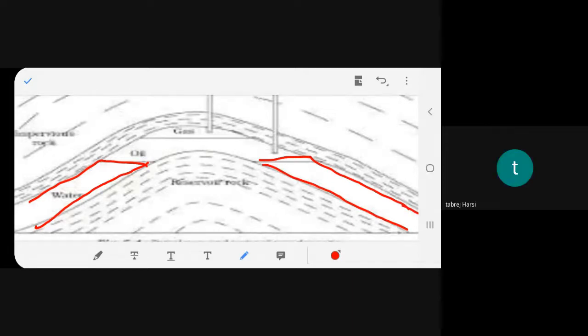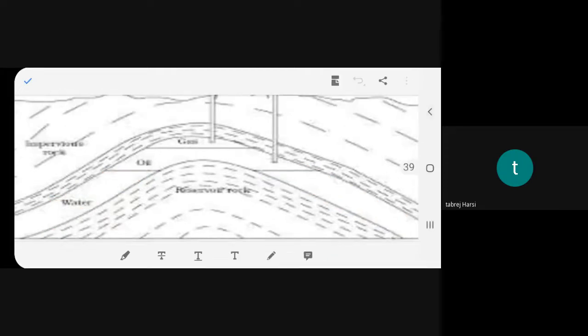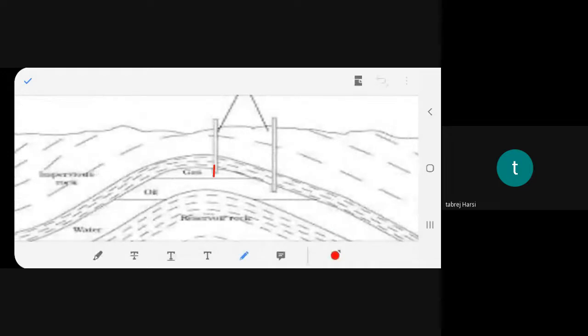This is the way we get oil and natural gas. Now we have the drills. The first drill is taking out the gas. So we know where the petroleum is.